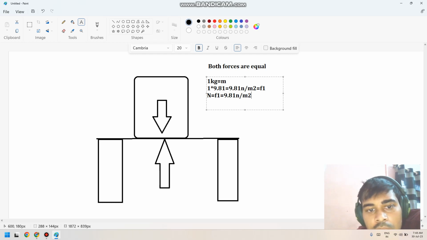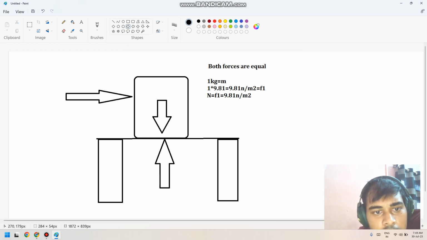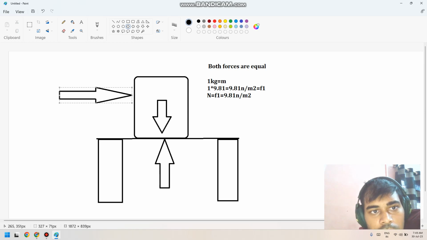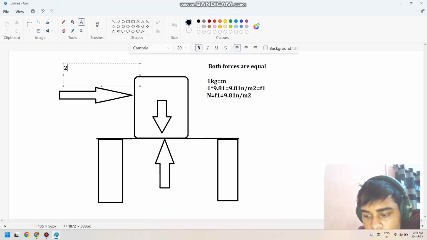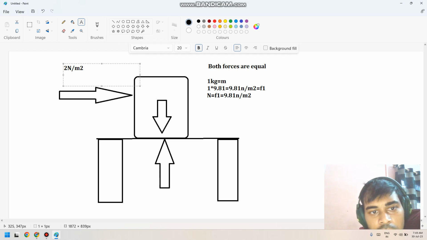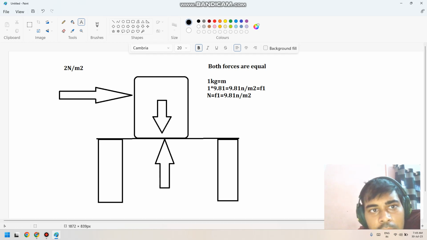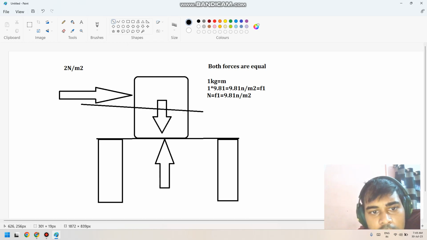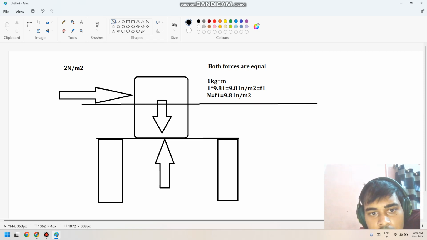Okay, friends. Suppose now there is another force acting on it like this, and this is 2 Newton. Now there is no other force other than this force acting on it in this direction.